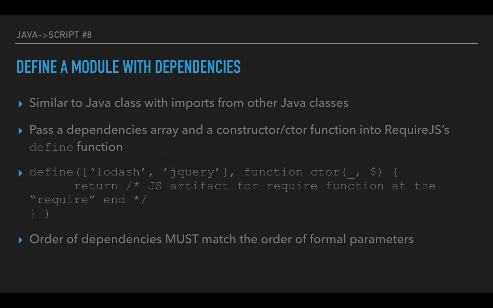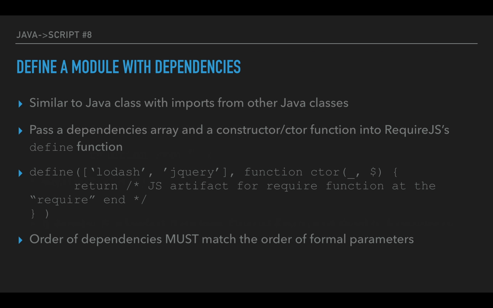So let's take a look at the example here. Inside the define function, we have two parameters. The first one is the array of dependencies. Currently, we have jQuery as the dependencies. And then we pass in a constructor function or a callback function.